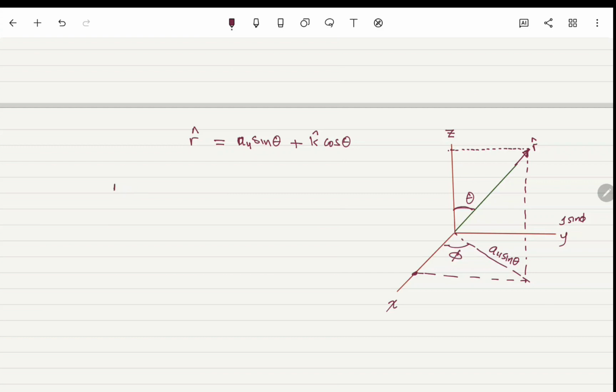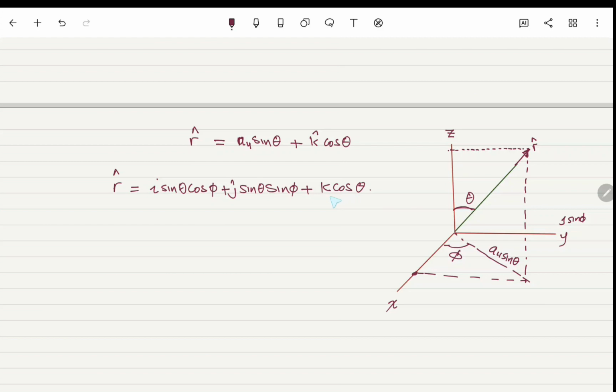So r hat is equal to i hat sine theta cosine phi plus j hat sine theta sine phi plus k hat cosine theta.